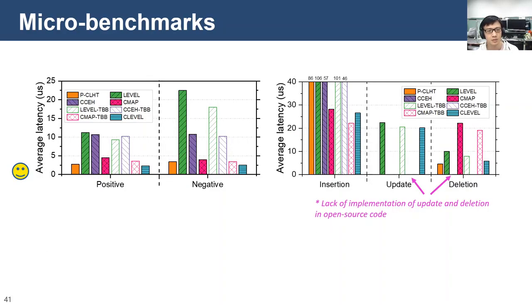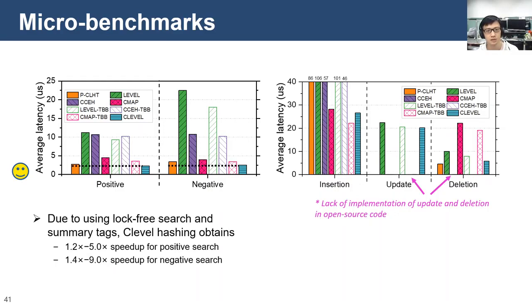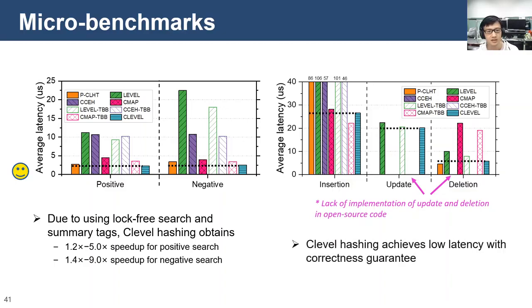For micro benchmarks, due to the log-free search and summary tags, Clevel hashing achieves lower average search latency than other schemes. The average insertion latency is affected by resizing. With correctness guarantee, the log-free concurrency control still enables low average latency for Clevel hashing.